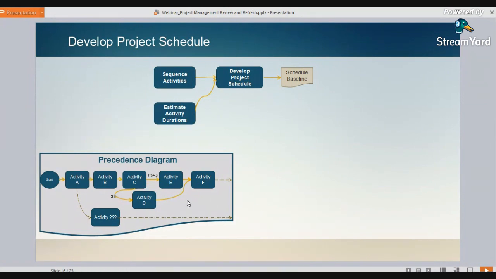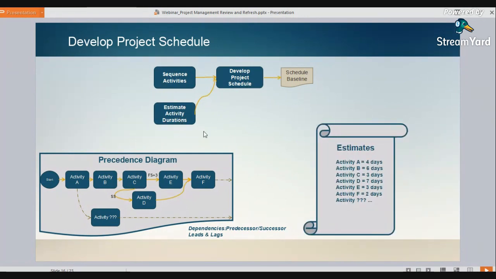But this is not a schedule. There's no dates. There's no time factors. We don't know how long any of these activities are going to take. We just have a logical sequence. We have dependencies. We have leads and lags. We have an order.